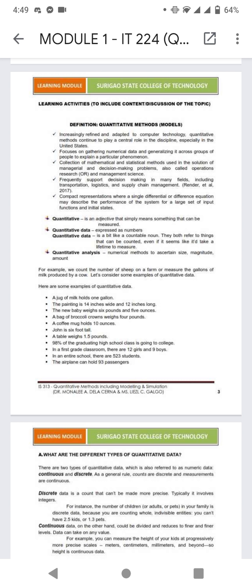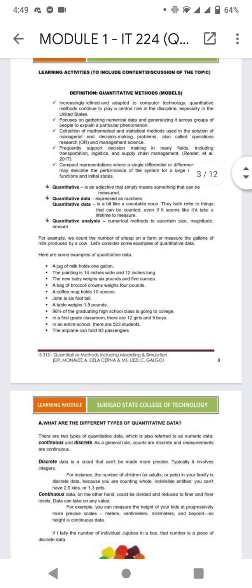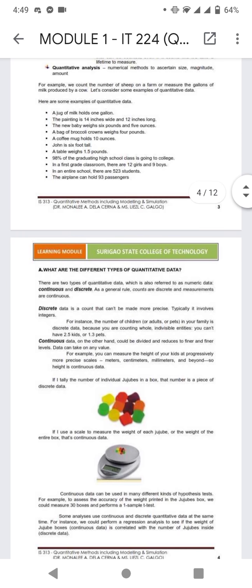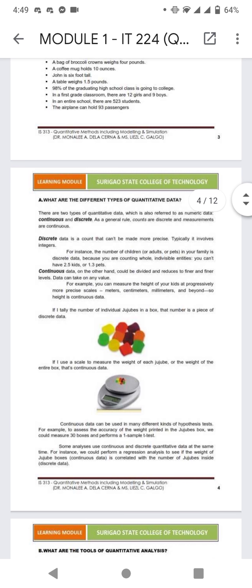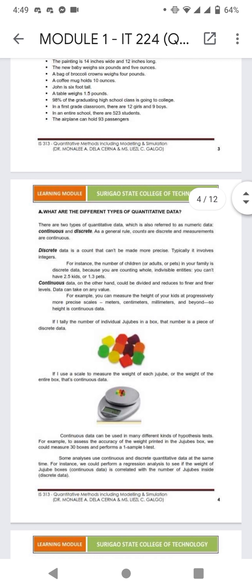And analysis is the numerical methods to ascertain size, magnitude, and amount. So everything we have seen so far in our module describes what quantitative methods are.